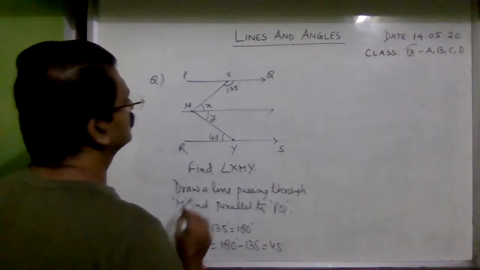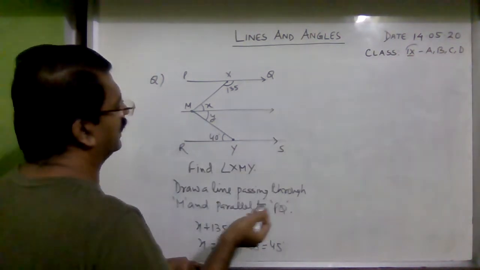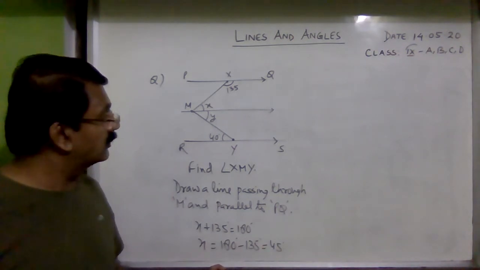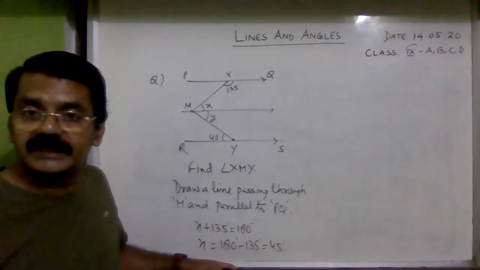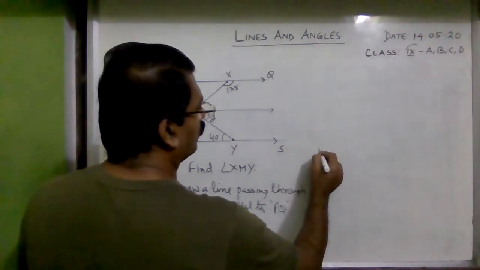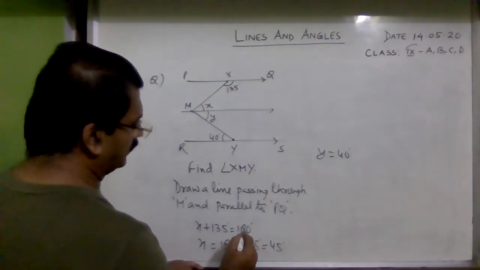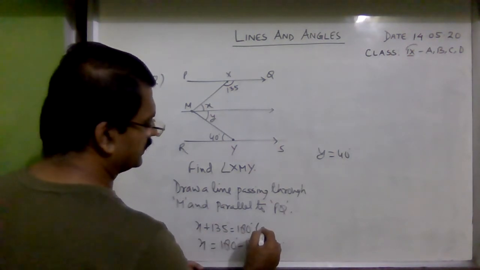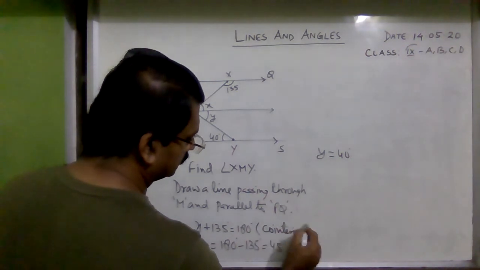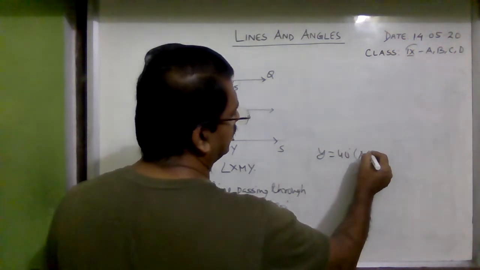And now as this line passing through M and the line RS are also parallel, y and 40 will be equal because they are alternate interior angles. Clear? So y is equal to 40. We will mention the reason also. x plus 135 is equal to 180 because they are co-interior angles. And here y is equal to 40 because they are alternate interior angles.